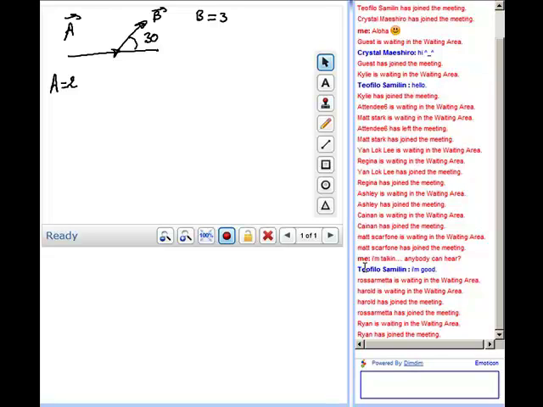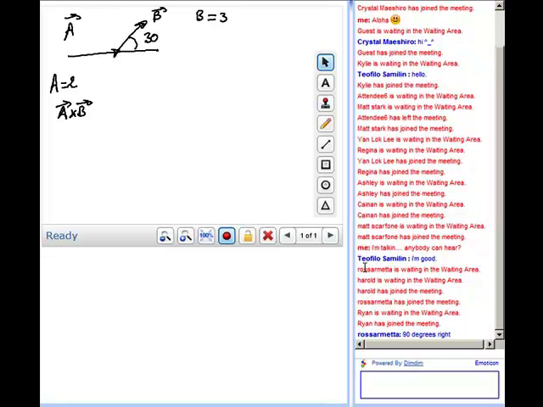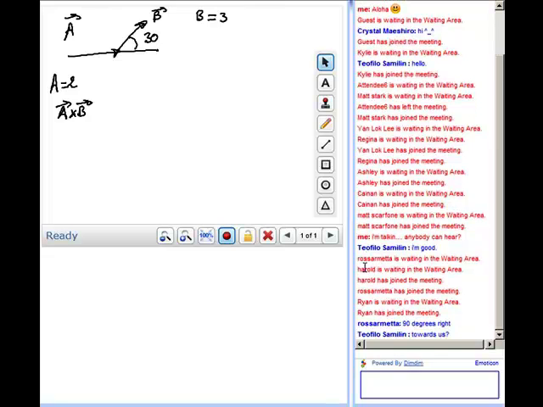So, first question. What is the direction of A cross B? Is it into the board or out of the board? That means towards the whiteboard or coming towards us. Anyone? 90 degrees, right? 90 degrees within the plane or perpendicular to the plane?